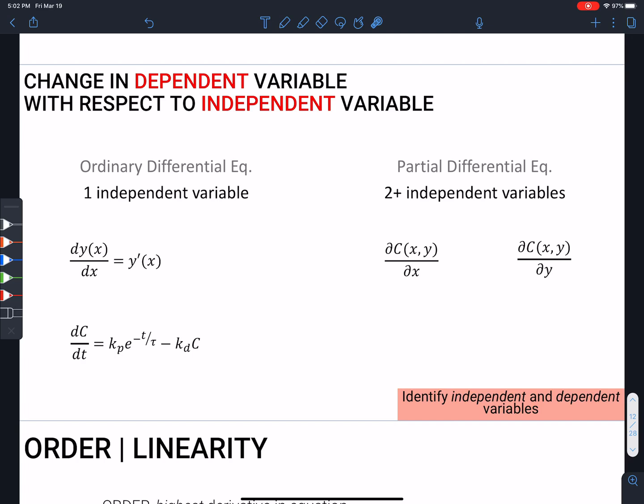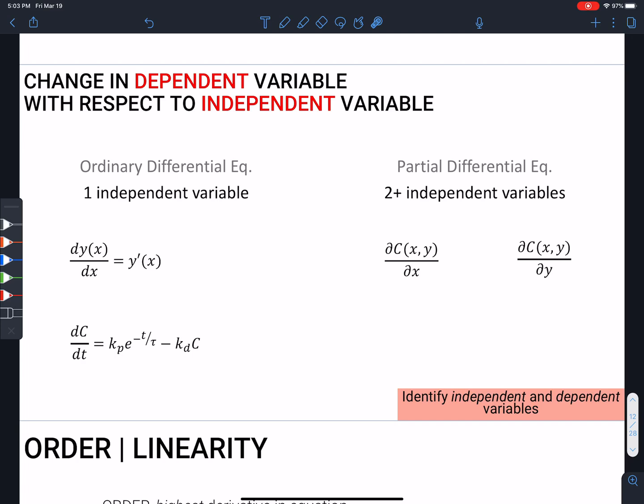It's good to learn how to identify these. An ordinary differential equation is different from a partial differential equation, which we'll cover in a few lectures from now. An ordinary differential equation has one independent variable only. Sometimes we call that independent variable x, if it's a differential equation over space, for example. Sometimes the independent variable may be t.